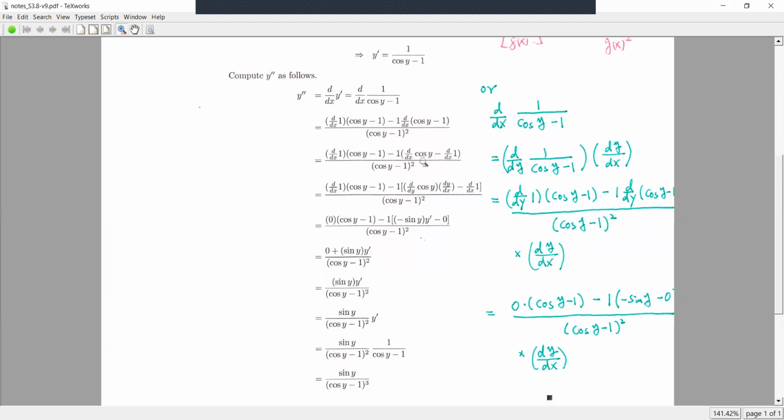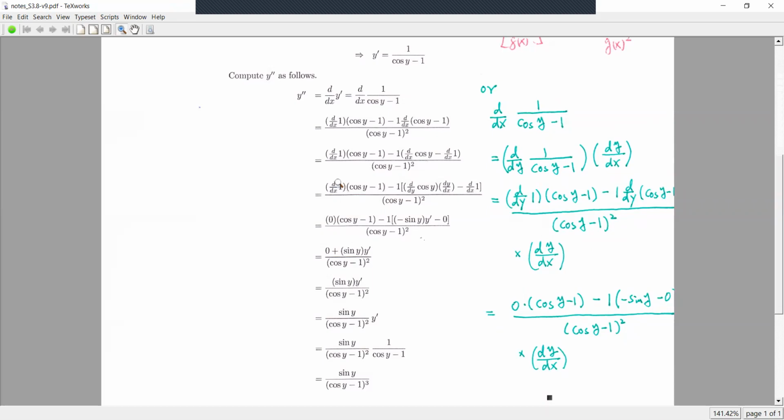By the chain rule, I can write this derivative as the product of these two derivatives. If I cancel dy from the bottom and from the top, then this product goes back to this derivative.